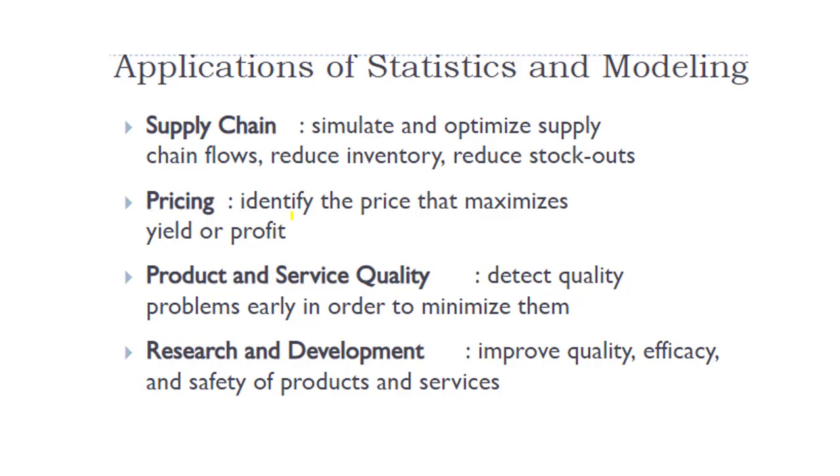In terms of pricing, identify the price that maximizes the yield or profit. Then we have the product and service quality to detect quality problems early in order to minimize them. And we have research and development to improve quality, efficacy, and safety of products and services.